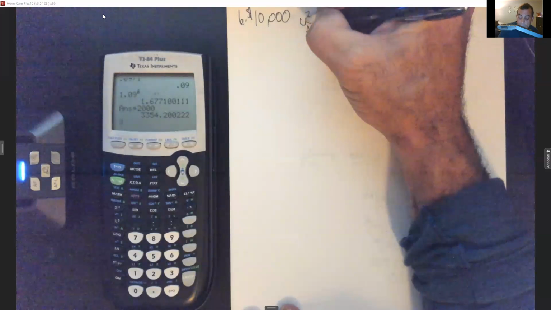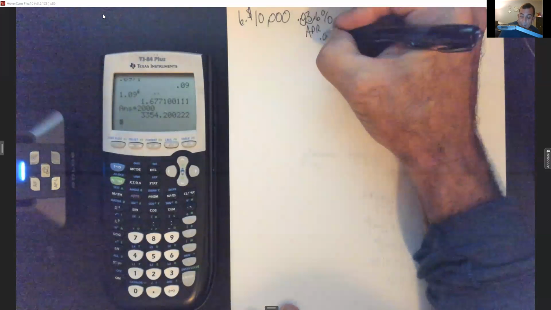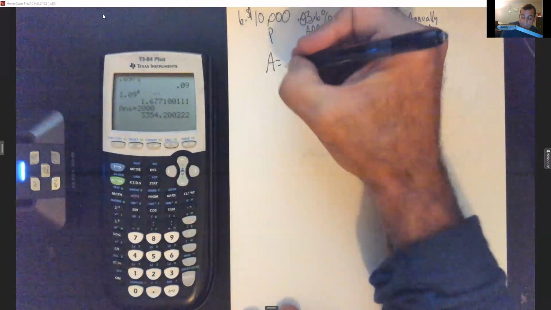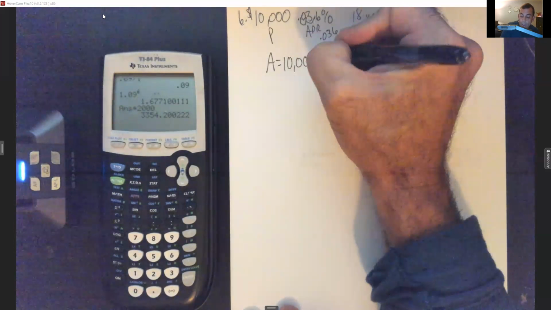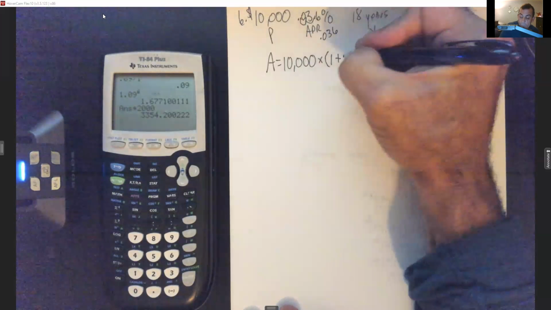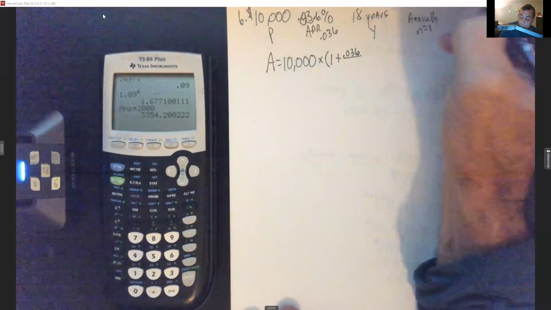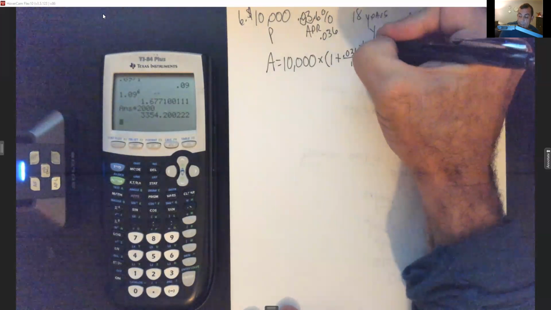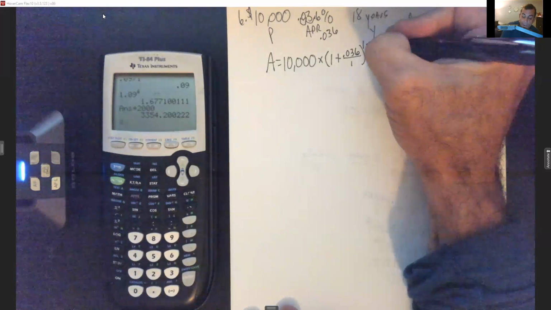So I got to move left twice. So I add a 0, so that's going to be a 0.036. And then 10,000 is my P. So A equals P, which is 10,000, times my parentheses, 1 plus my APR, 0.036, divided by my N, which was 1. And then my exponent is N times years. And my years was 18.